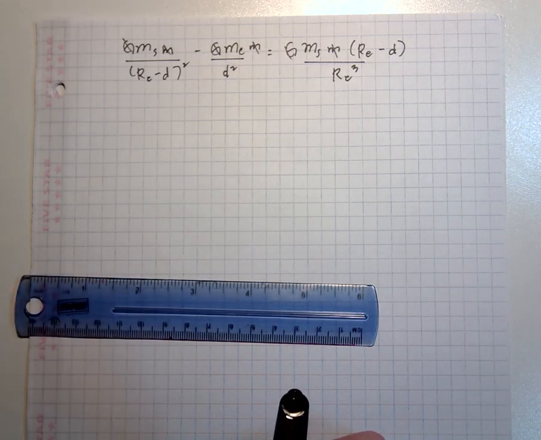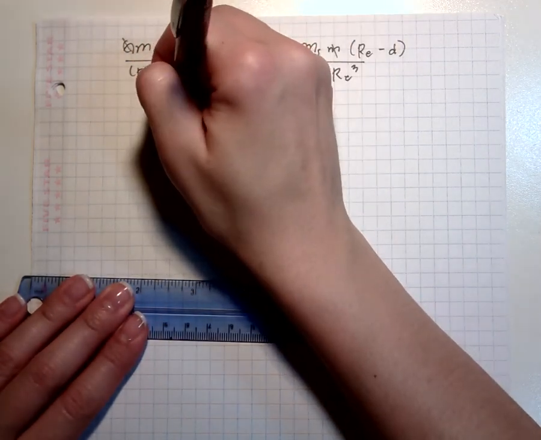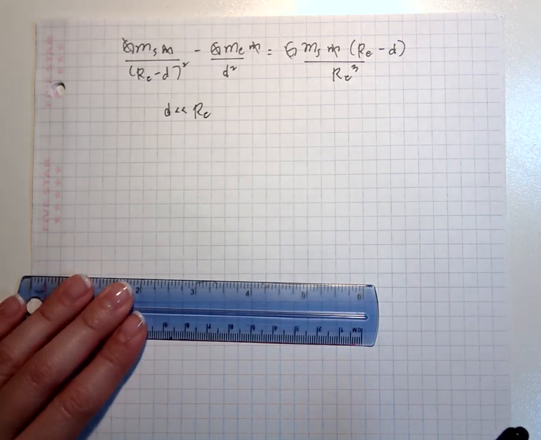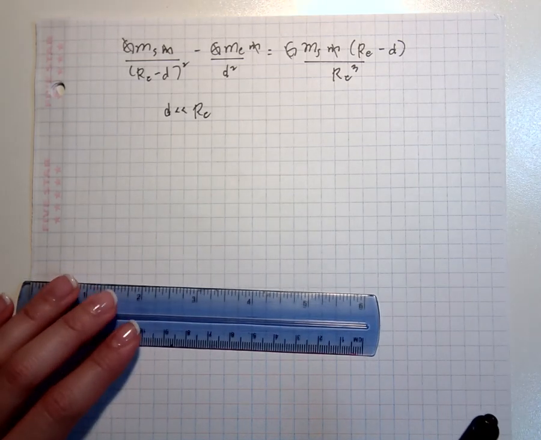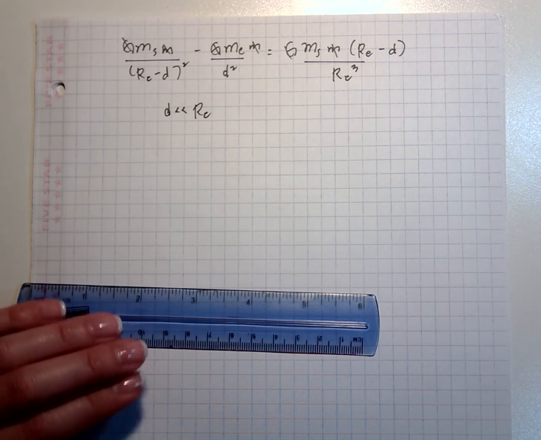Our assumption is that the distance between the Earth and the satellite is much, much less than the orbital radius of the Earth. So what we'll do is we'll factor out wherever the orbital radius of the Earth appears, let's factor that out.